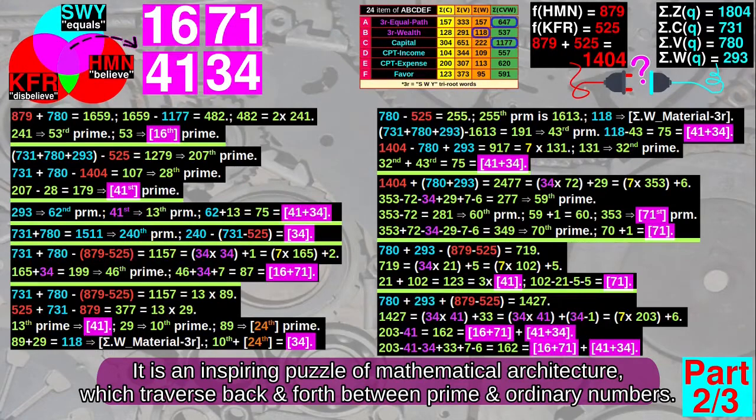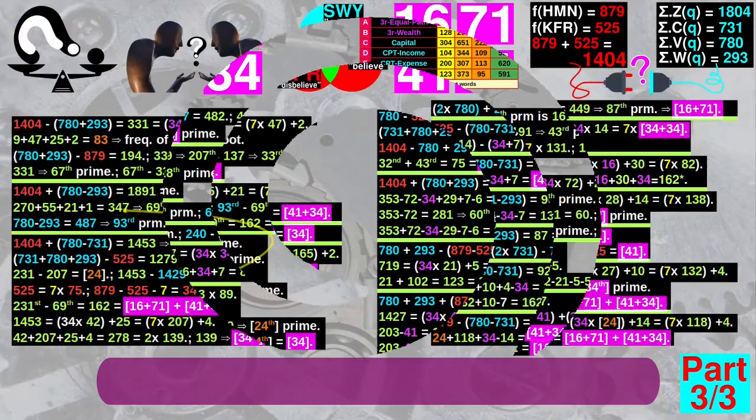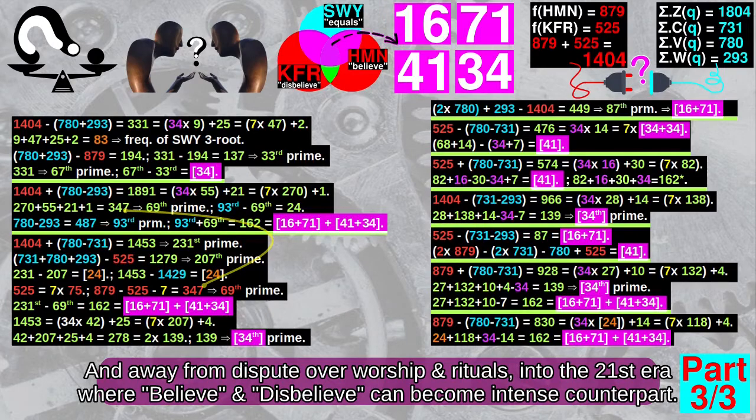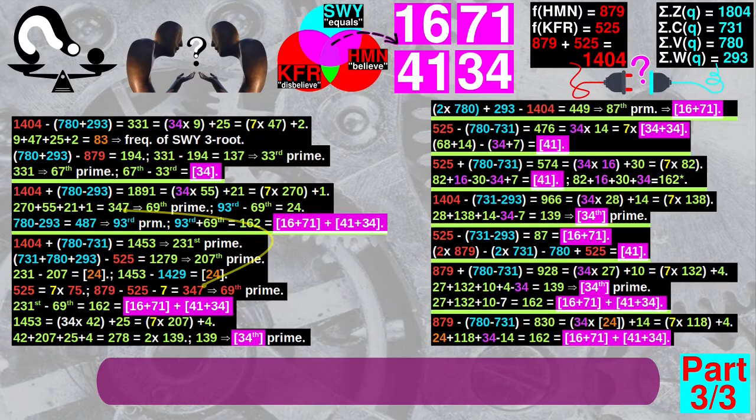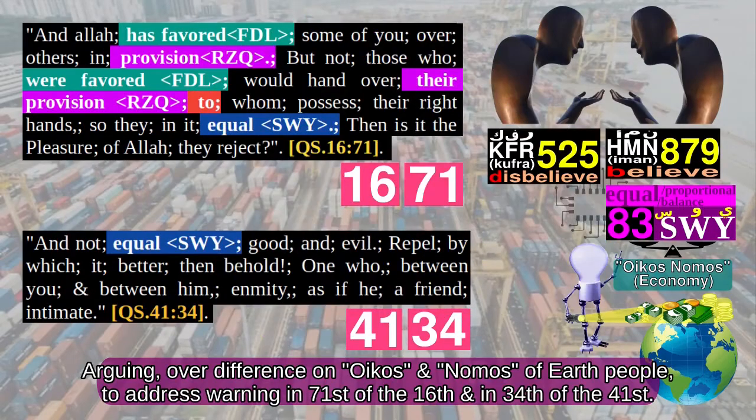It is an inspiring puzzle of mathematical architecture, which traverses back and forth between prime and ordinary numbers, and away from dispute over worship and rituals, into the 21st era, where believe and disbelieve can become intense counterparts, arguing over difference on oikos and nomos of earth people, to address warning in 71st of the 16th, and in 34th of the 41st.